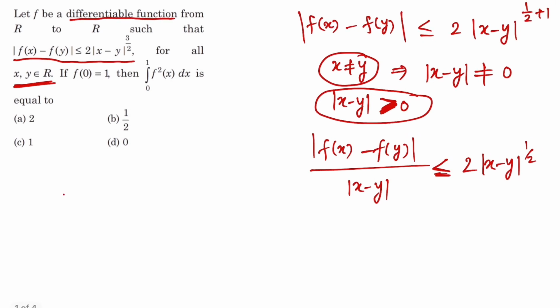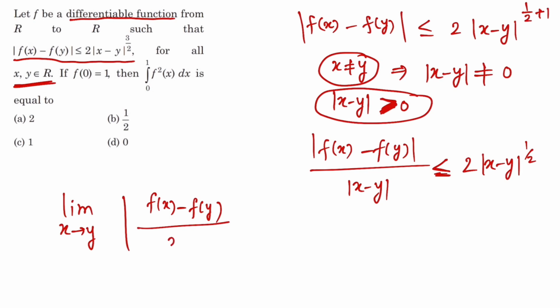Now you take the limit as x tends to y. So this is just mod of f of x minus f of y divided by x minus y is less than or equal to k times limit as x tends to y of mod x minus y raised to half, right?